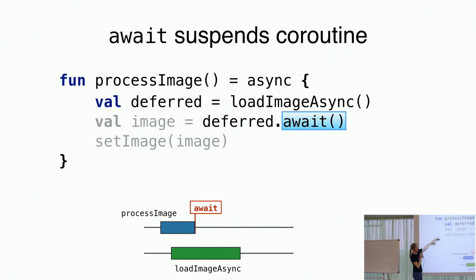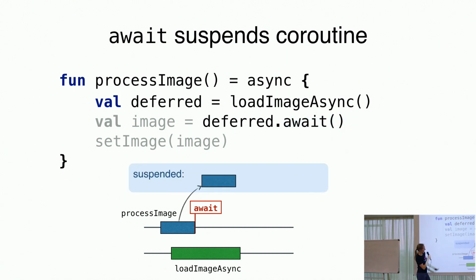So here, await triggers the compiler to suspend this processImage computation, and it gets suspended. It is now stored somewhere in memory, and the thread is free. The thread can be occupied with other activities. If it's the main UI thread or any other thread, it's free.